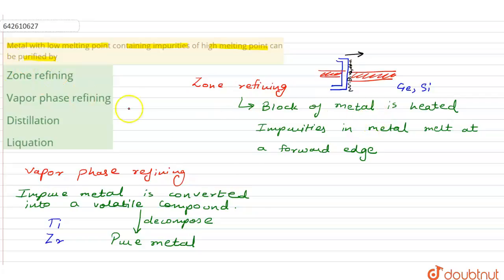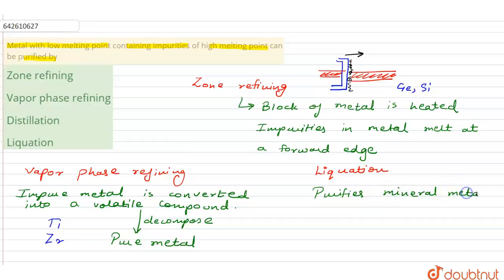Now the last one which we haven't discussed is liquation. Liquation is used for purification of mineral metals.